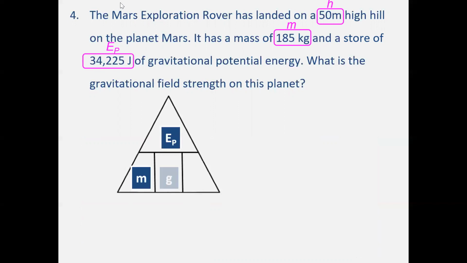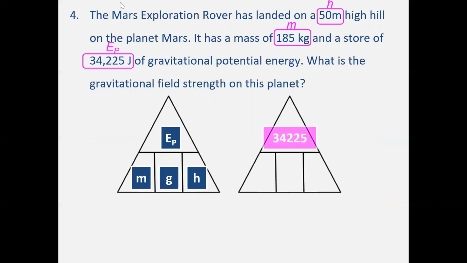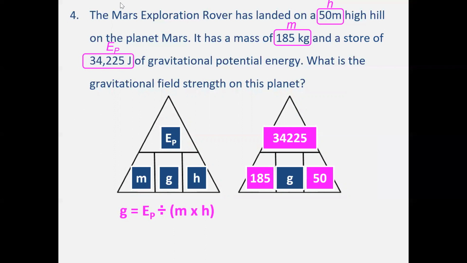So add that data to your formula triangle, and you can see that to work out the gravitational field strength, you would cover that up, which would give you the gravitational potential energy divided by the mass times the height, which would be 34,225 divided by 185 times 50, which gives you a gravitational field strength of 3.7 newtons per kilogram, which we know is the gravitational field strength on Mars because we learned that in our starter activity.